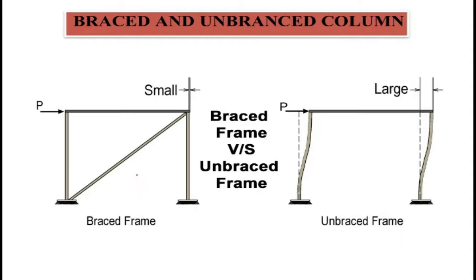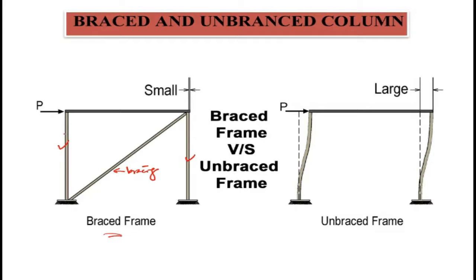Macam saya bagi contoh triangle tadi. So kita boleh katakan this one is a braced frame. Sebab apa? This column are supported by this bracing. Okay. So unbraced frame, kalau triangle tu lah free. Macam triangle yang ada kat padang kita tu memang free. So actually kalau kita bayangkan, it's very easy to sway.